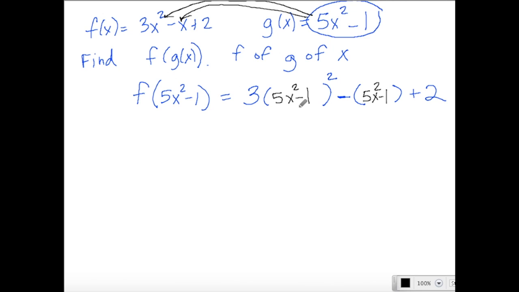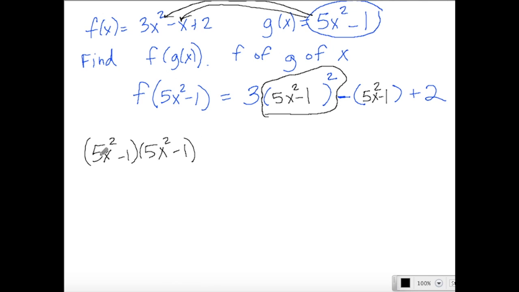Now, this down here gets pretty ugly, I have to admit. So I have to pay attention to my order of operations. Exponents, this exponent right here is going to be the first thing that I have to do. So I'm going to do this over here on the side. This is 5x squared minus 1 times 5x squared minus 1. And I'm going to FOIL this.